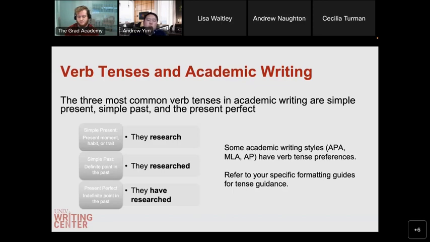When is it appropriate to use the past tense or researched? Or when is it important to use present perfect? Present perfect being, right, an event that happened in the past, but that still has influence on today. They have research, right? So it would happen previously, but it's still impacting today's society.